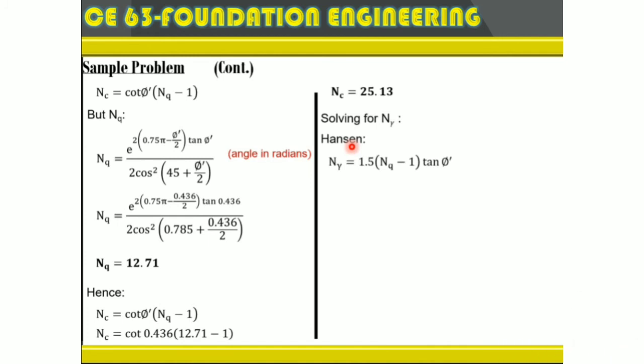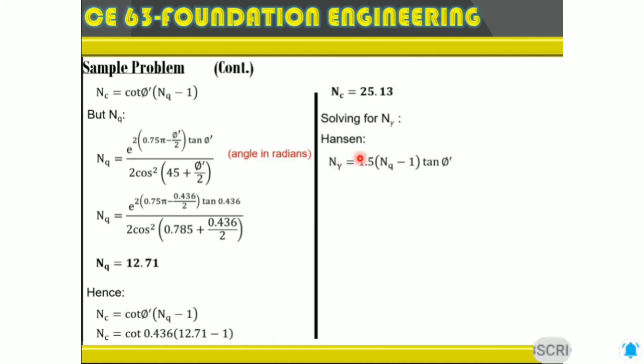But in this case, I just chose the Hansen formula, because the values I calculated are almost close to the values indicated in the book by Braja Das and also by Murthy. So you can use any other authors with regards to this bearing capacity factor N unit weight.